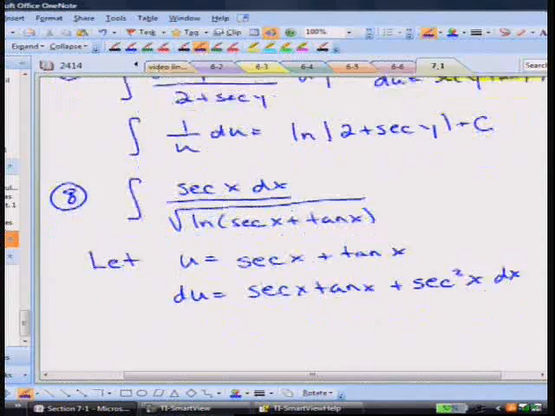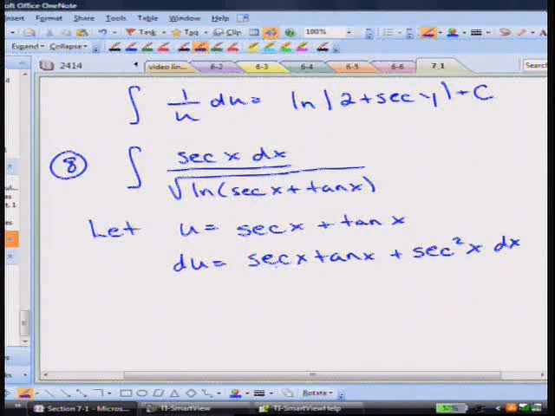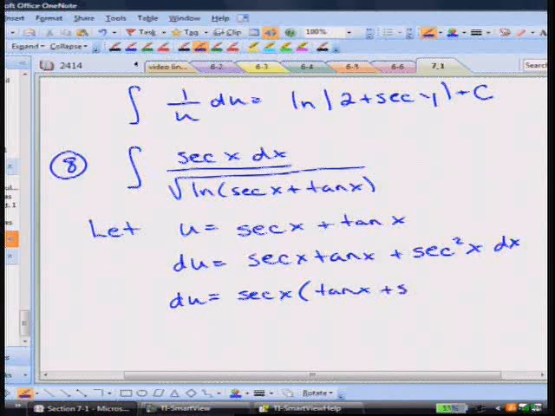Well, you can factor a secant x out of this, and so you'll have du is equal to secant x times tangent x plus secant x dx.